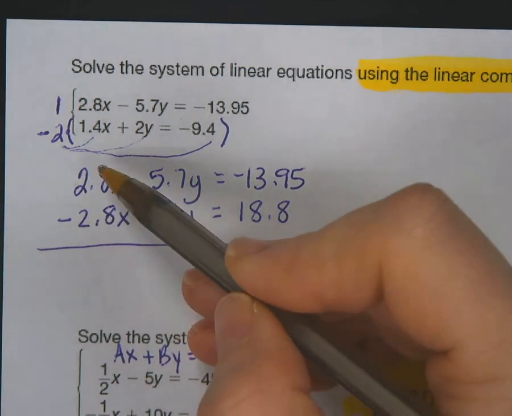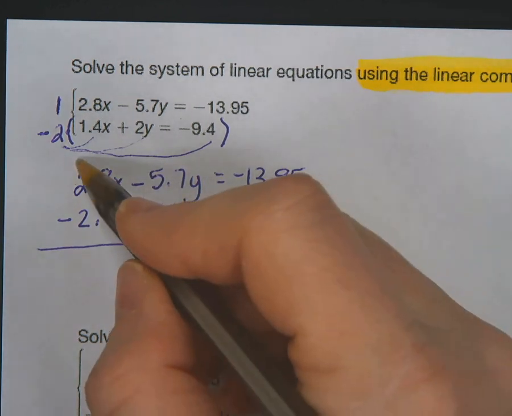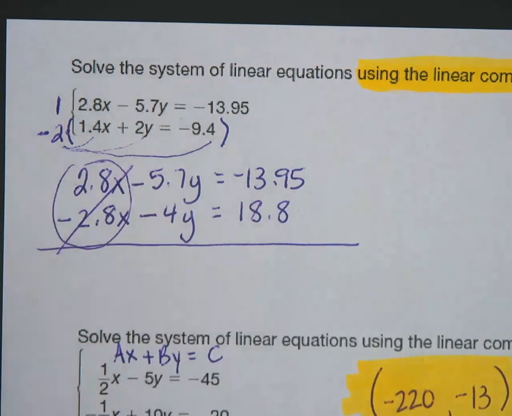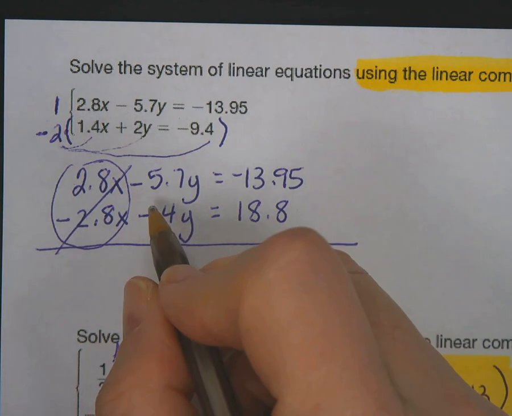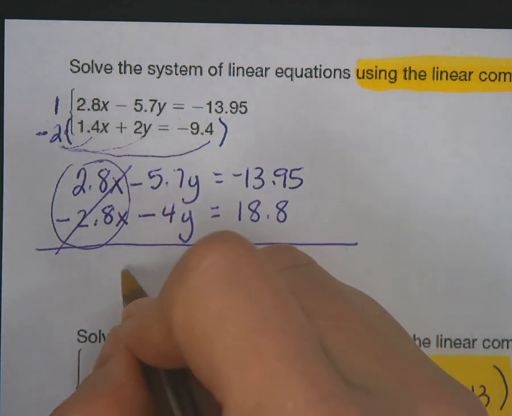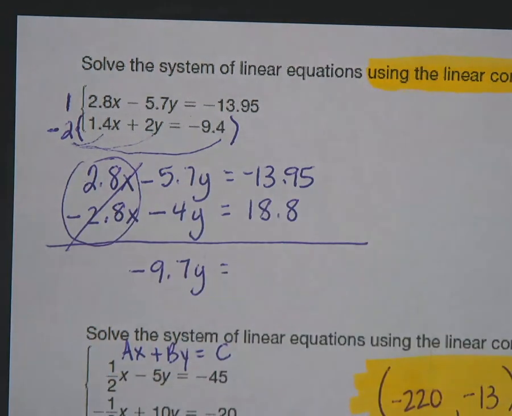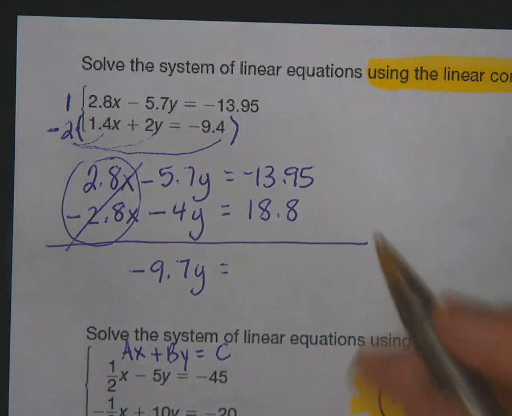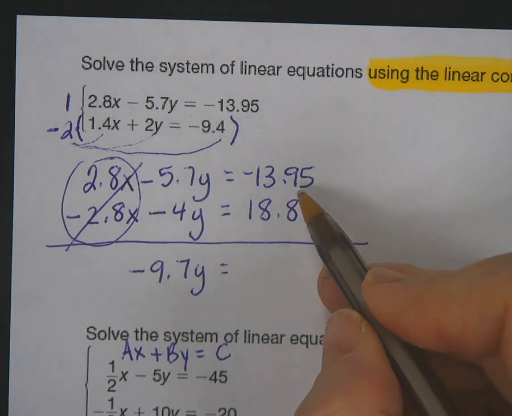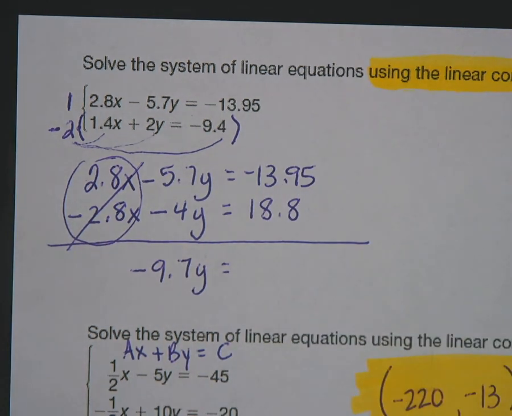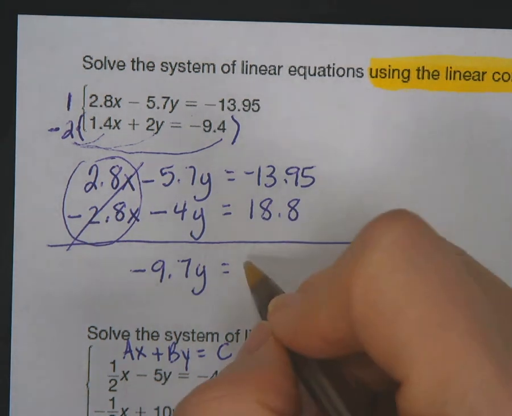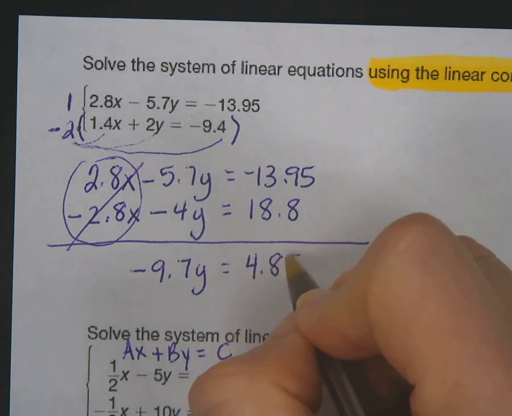So now we're going to add these together. We notice that these are opposite, so they're going to zero out. Negative 5.7 minus 4 more is negative 9.7y. And then when I add negative 13.95 plus 18.8, I get 4.85.